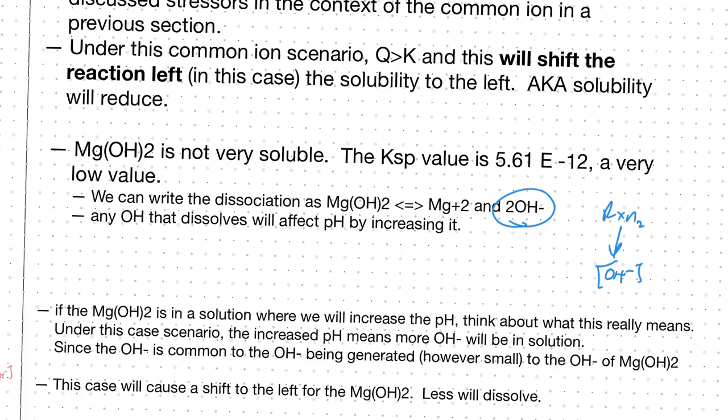So what you can think of here is that we are literally adding a stress, right here, and the stressor is the addition of hydroxide. That is going to cause the reaction to shift to the left. So that means that the solubility of the magnesium hydroxide, which was already low to begin with, is going to get even lower. So less of it is going to dissolve. And so that's what's going on here.